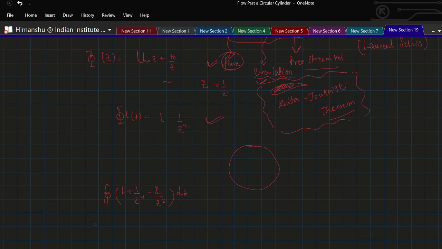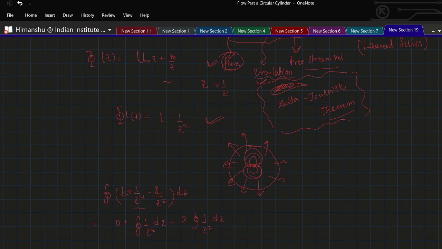Since the closed integral of constant is 0, and for the z to the power 4 we'll be integrating, and for the z square, since it represents the flux, the flux from the contour of this body would always be 0, since there is a doublet concentrated inside.